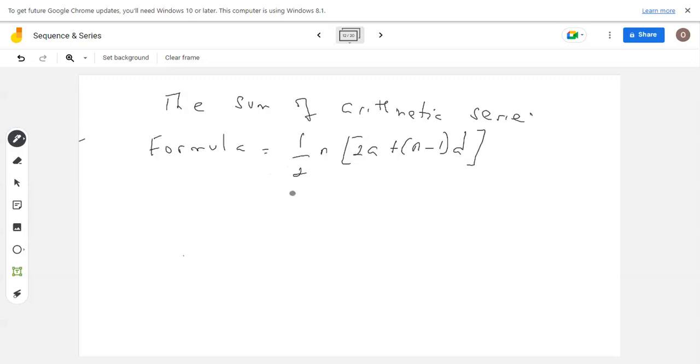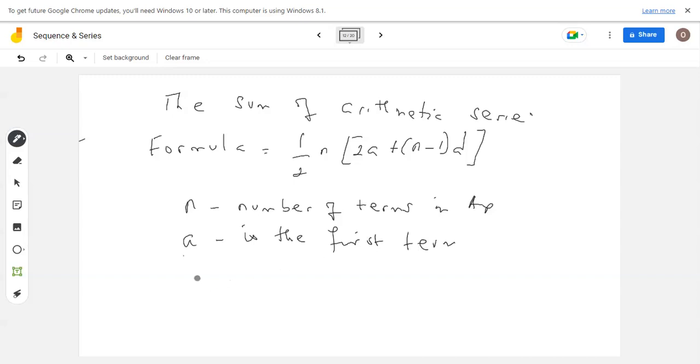In this case, n represents the number of terms in AP, that is arithmetic progression. Then a represents the first term in the sequence.